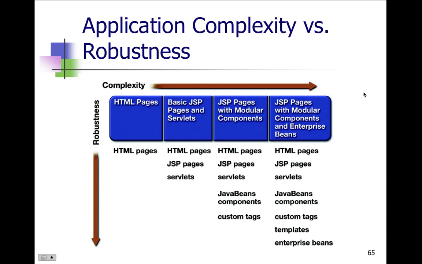So it's basically a combination of mixing and matching. What makes these technologies interesting is that they're flexible. You don't have to use enterprise beans. You don't have to use servlets. You don't have to use JSP actually, but you can mix and match all of the technologies together. And then it becomes a matter of choice and design preference.